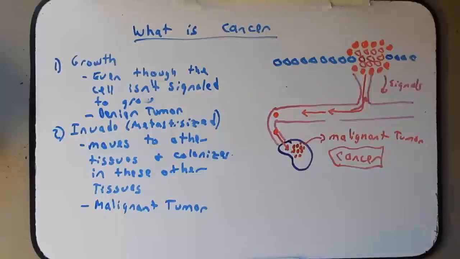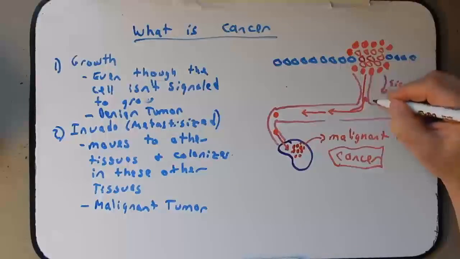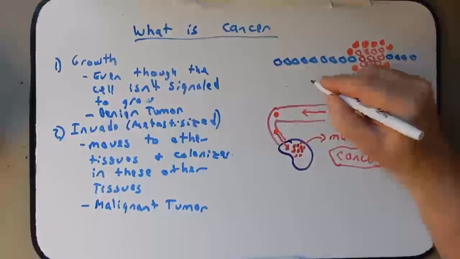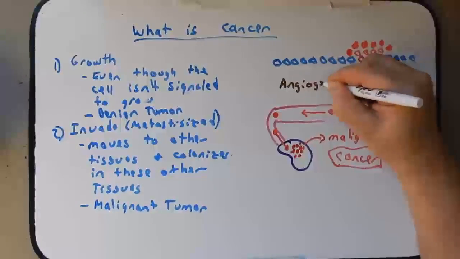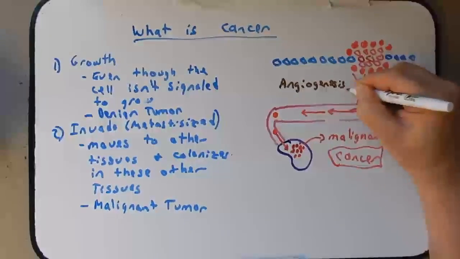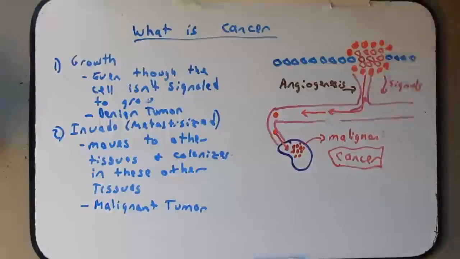They're benign. Just in case I don't mention this later, this process of recruiting blood vessels to the primary tumor here is something called angiogenesis. The process of recruiting blood vessels to the tumor.